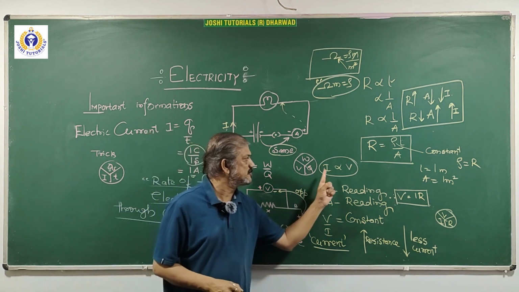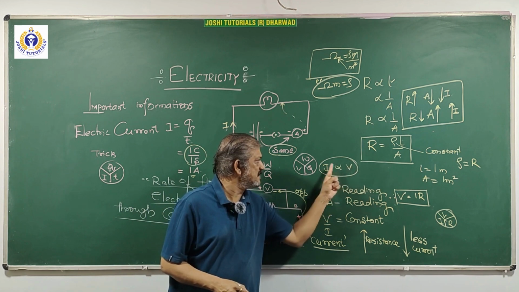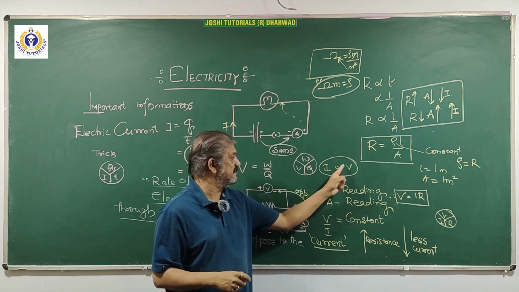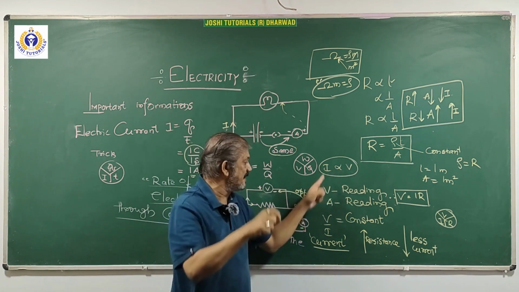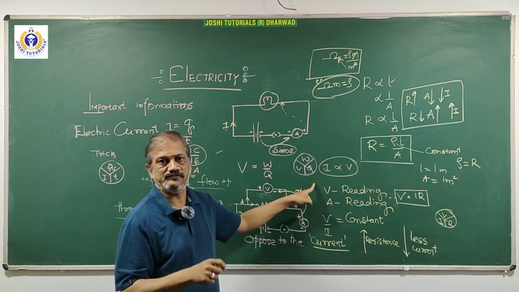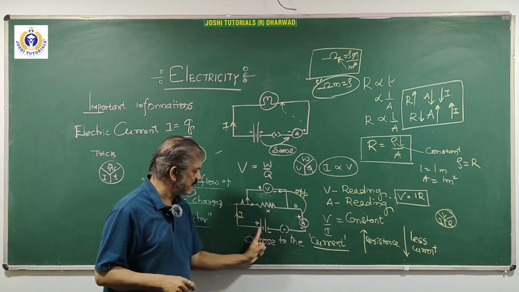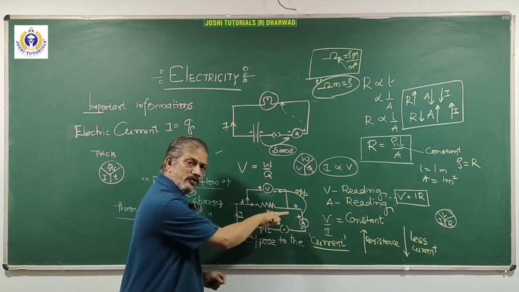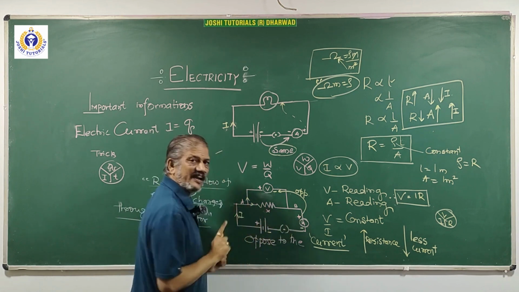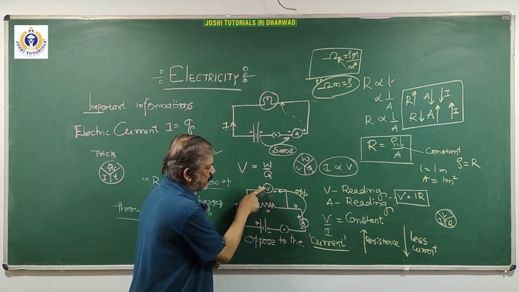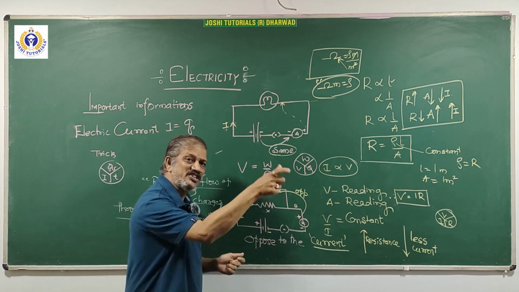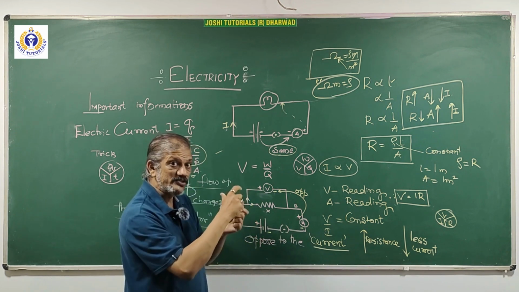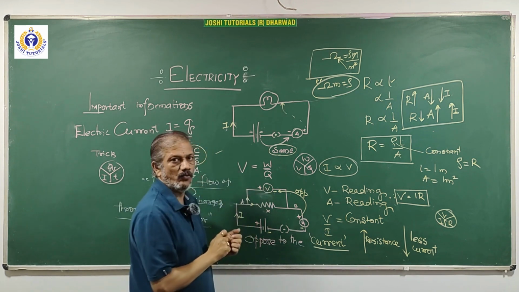So he told that at constant temperature, potential difference and current are directly proportional. We say potential difference across the ends is directly proportional to electric current at constant temperature. He did one experiment using a rheostat. He adjusted the current and noted down the reading in the voltmeter. Again he changed the value of the current by moving the slide contact in the rheostat and noted the voltmeter reading.